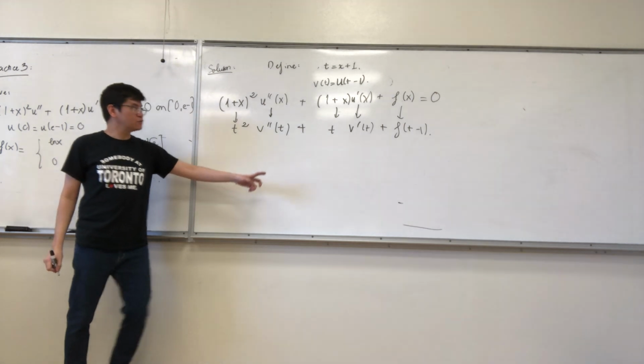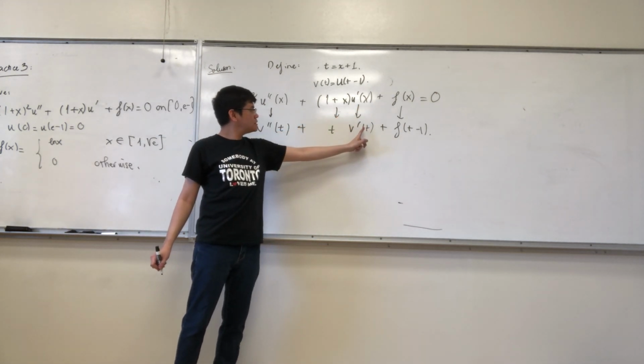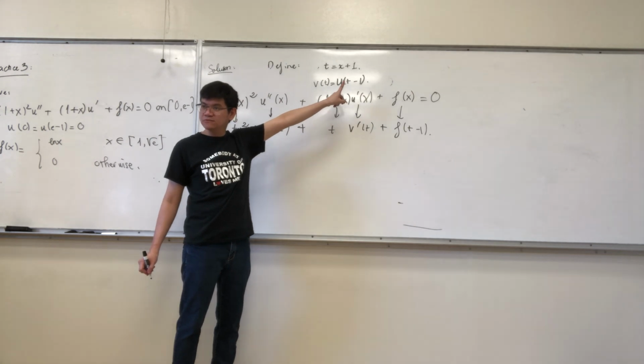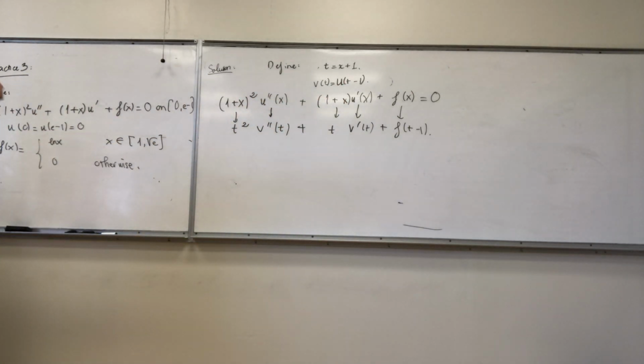Which means that v(t) is u(t minus 1). Questions?